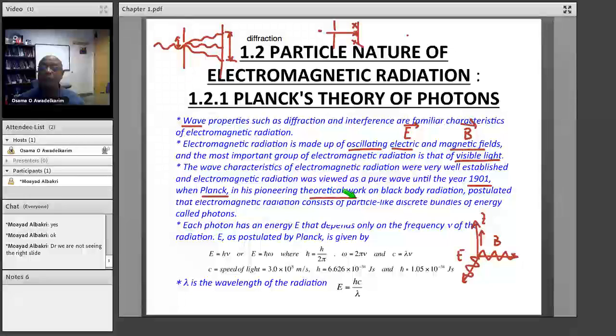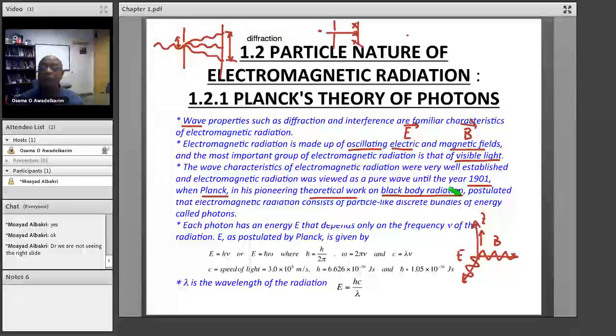And actually the physics experiment that people could not explain at that time in the 1900s is the electromagnetic radiation that comes out of a body, which they call black body. If they heat it, if they increase the temperature of the black body, electromagnetic radiations come out of this body.